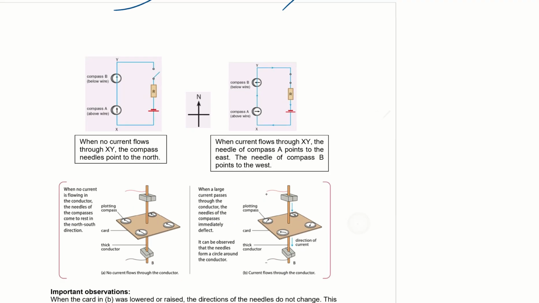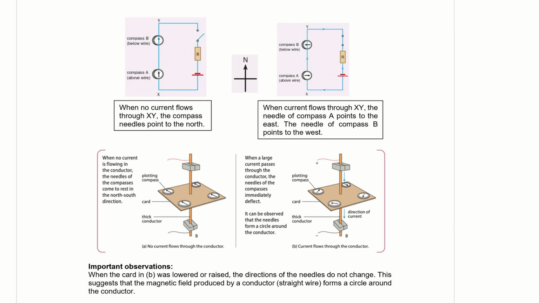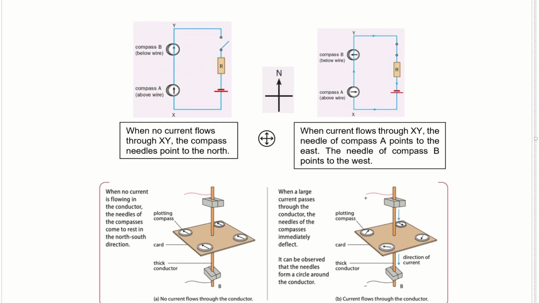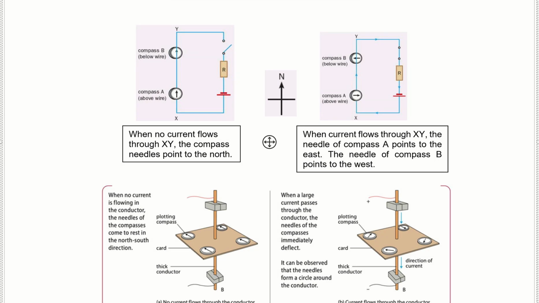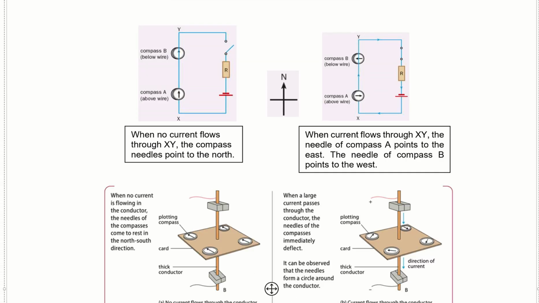Then we'll be talking about an experiment that somebody, I forgot the name, did many years ago. If you look at this circuit, when the switch is open, the current does not flow.